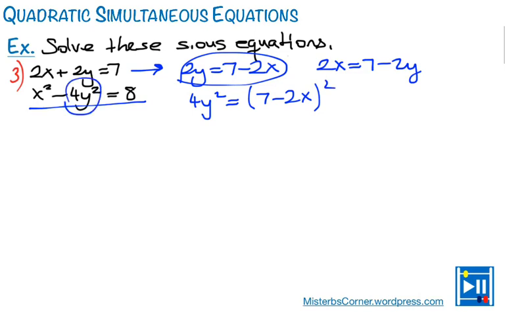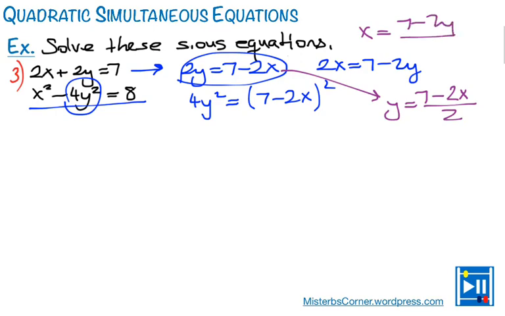So without dealing with any fractions, otherwise I'd have to go like x equals 7 minus 2y over 2, I can just use this and substitute into the second equation.